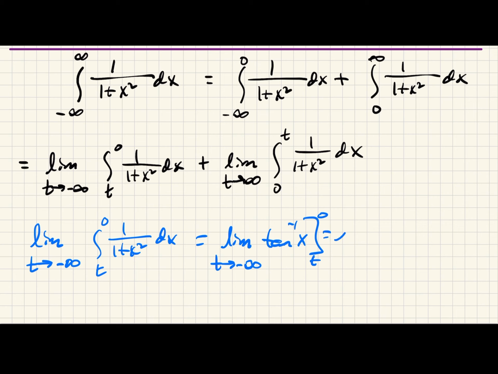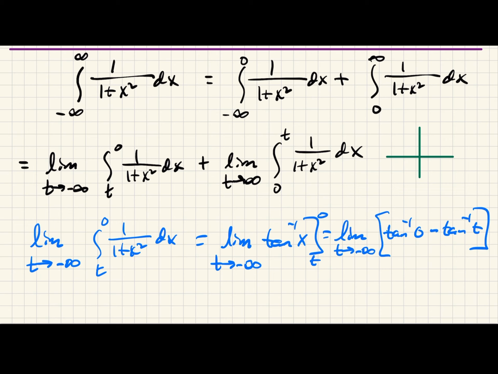So this is the limit as t goes to minus infinity of inverse tangent 0 minus inverse tangent t. I kind of need to know something about inverse tangent, don't I? The arctangent of infinity. Well, I'm going to worry about 0 first.